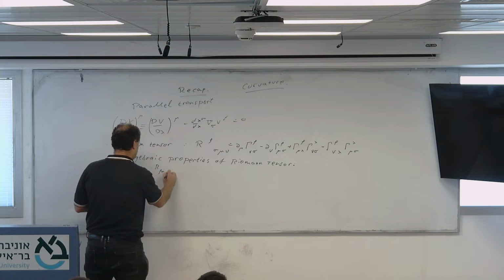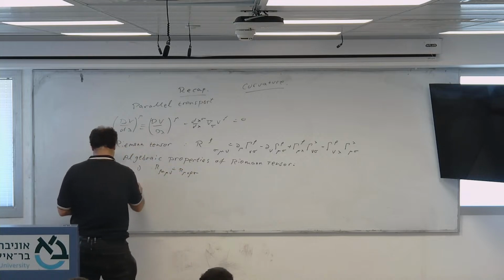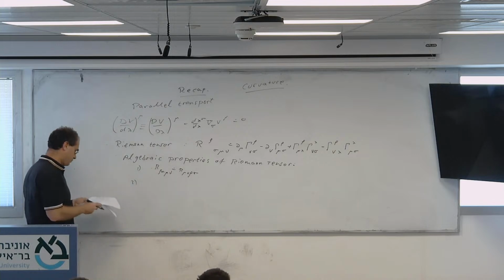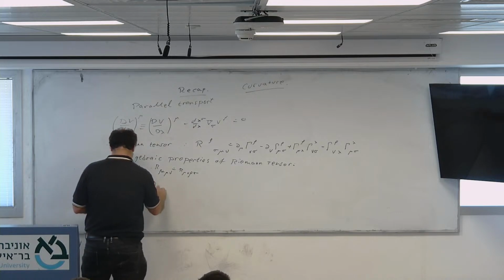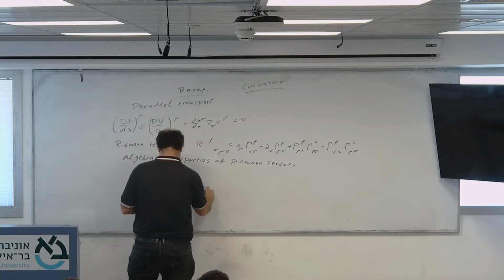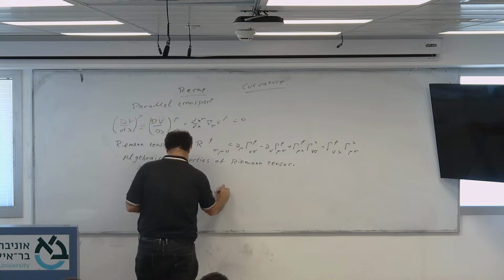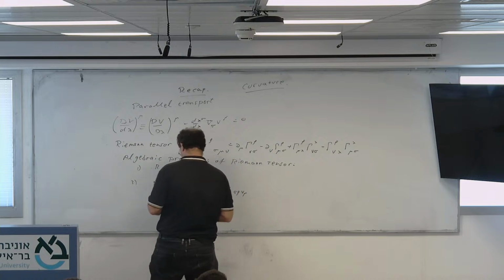R_rho sigma mu nu is R_mu nu rho sigma. So it's anti-symmetric in exchange of the first 2 indices. R_rho sigma mu nu is minus R_sigma rho mu nu.